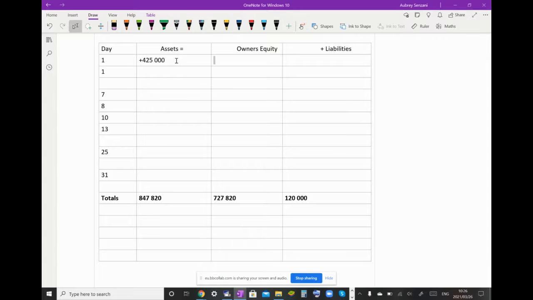Under owner's equity, 325,000. And under liabilities, a positive 100,000. Guys, if you had any challenges as you were going through these exercises on your own, now is the time to ask me as we go through it today.